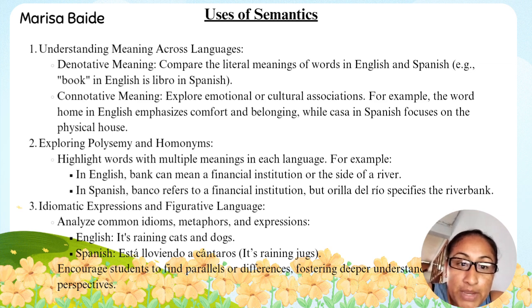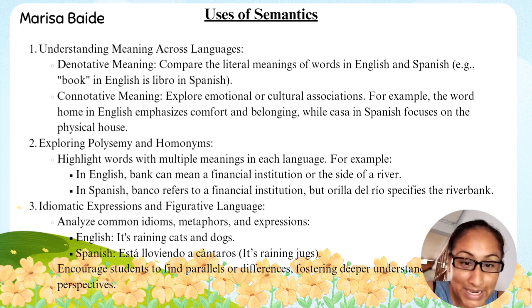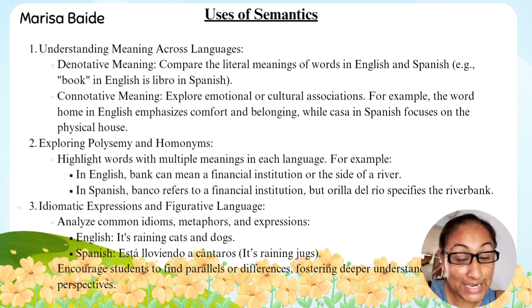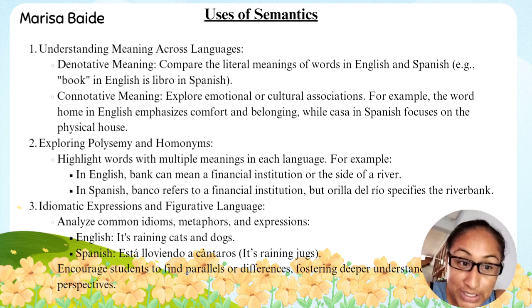And three, idiomatic expressions and figurative language. So we analyze common idioms, metaphors, and expressions using semantics. For example, in English we say it's raining cats and dogs. As an English speaker, I know exactly what it means. But if we translate that into Spanish literally, word by word, we would say está lloviendo a cántaros, which gives it a whole different meaning, because Spanish speakers will interpret it as saying it's raining jugs.